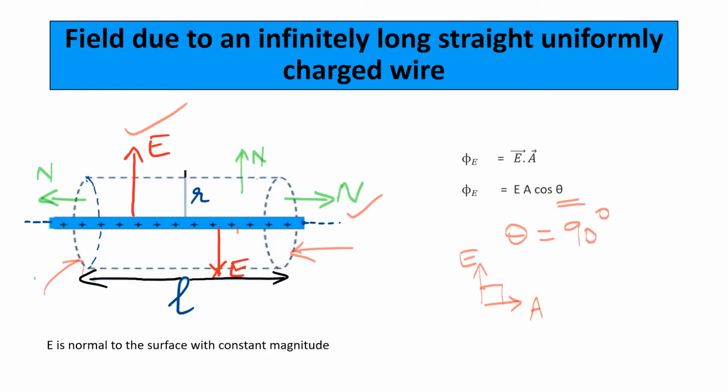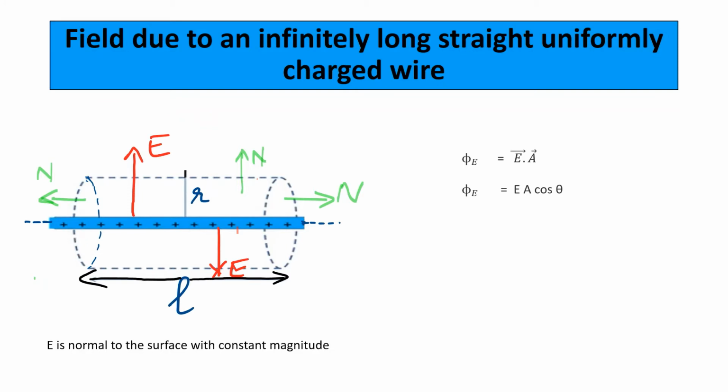Therefore, phi E becomes 0. Cos 90 is 0. That is, the flux at these end faces is 0. There is no flux at the end faces. You have to find out the electric flux only on this curved surface.